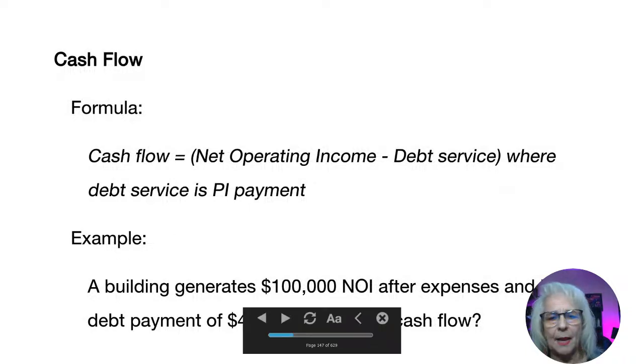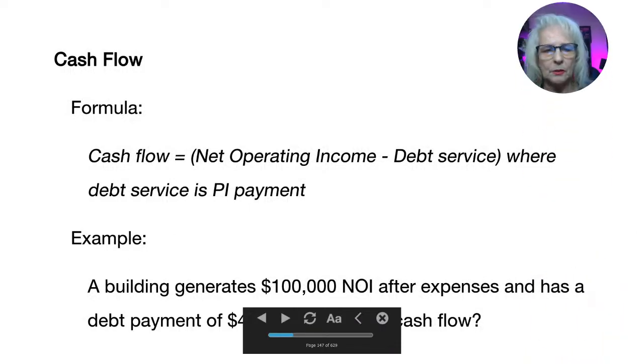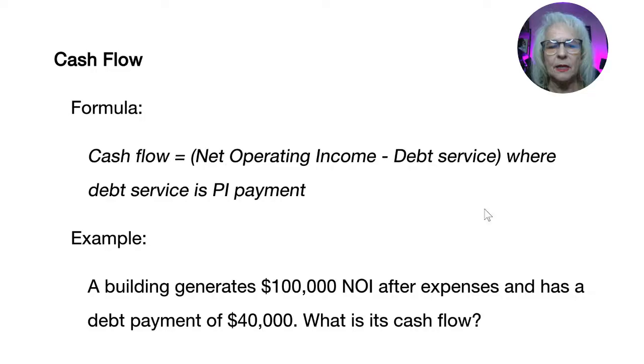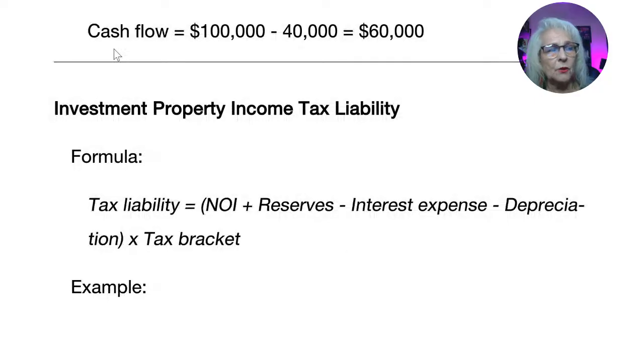So an example: a building generates 100,000 net operating income after expenses and has a debt payment of 40,000. What is its cash flow? Is it monthly or annually?